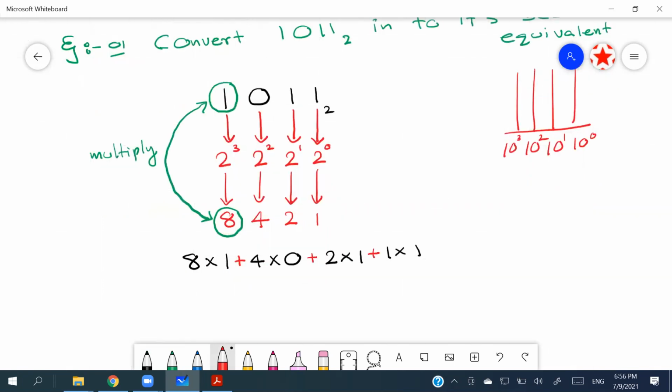Which gives you 8 into 1 means 8, plus 4 into 0 is 0, plus 2 into 1 is 2, plus 1 into 1 is 1. So your answer is going to be 11, right?